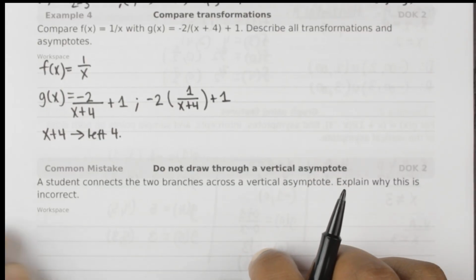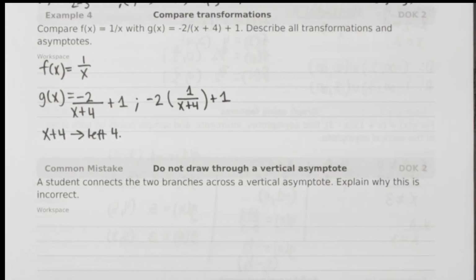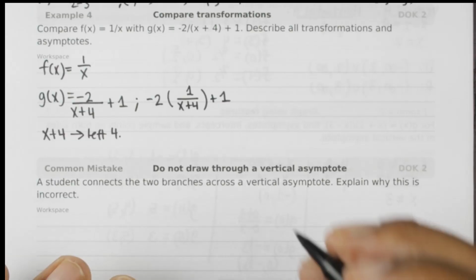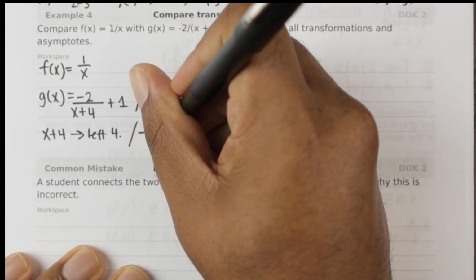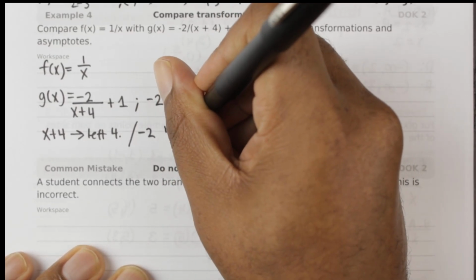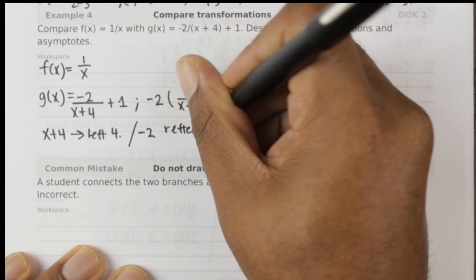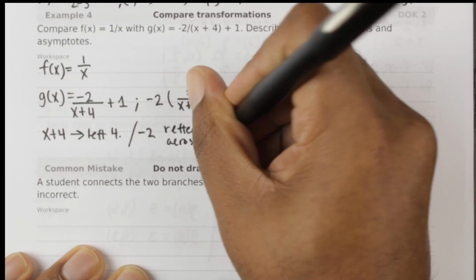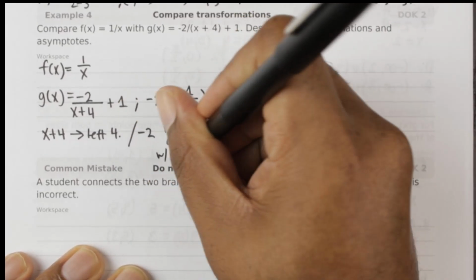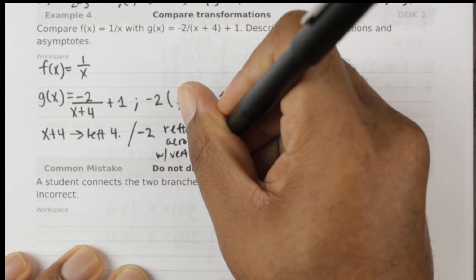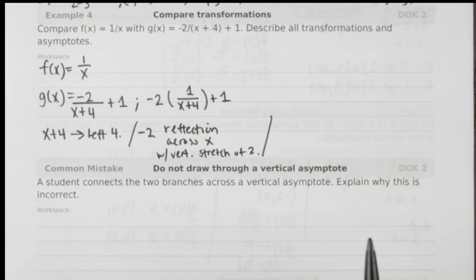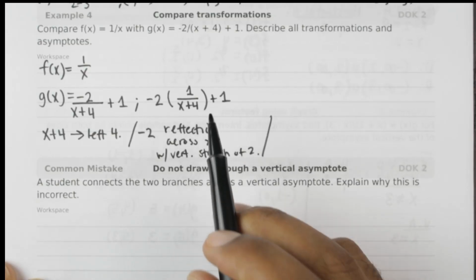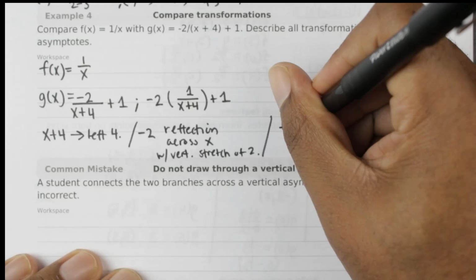So that -2 reflects across the x-axis, with a vertical stretch of 2. Moreover, this +1 means that the graph just shifts up 1 unit.